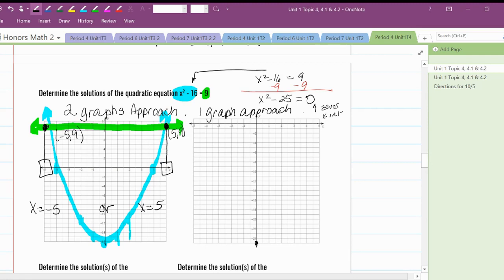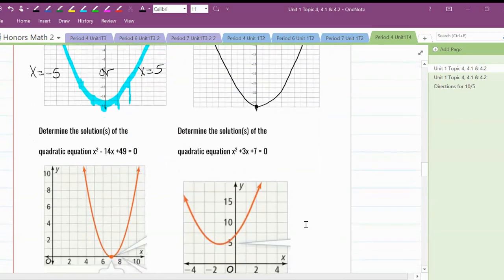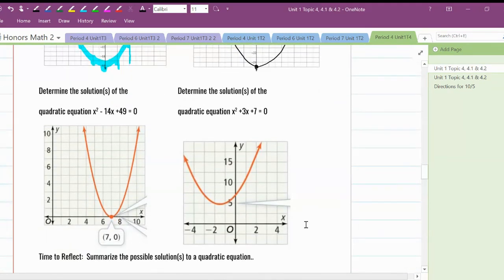So that's the same, positive and negative 5. In general, we're going to use the one graph approach or transform our quadratic so that it's equal to 0.